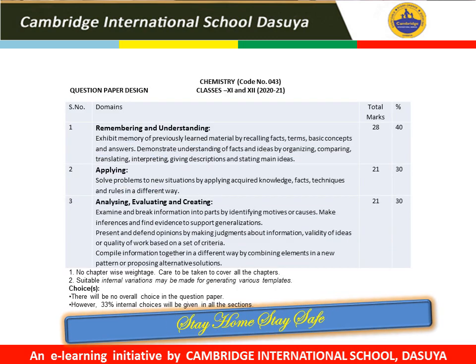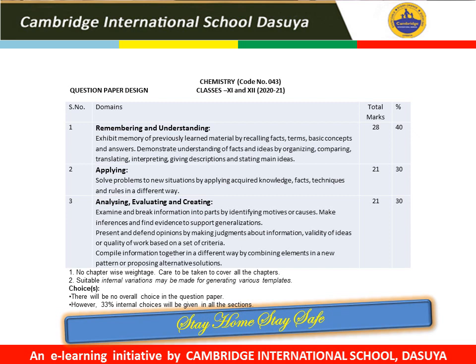Students, remember that in your question paper the domains that are normally tested are remembering and understanding, that is basically knowledge-based and understanding, which will be of 28 marks, and in terms of percentage it will be around 40%. Then we have the application-based questions, which are a little bit of higher level. The total marks here will be 21, and in terms of percentage 30%.